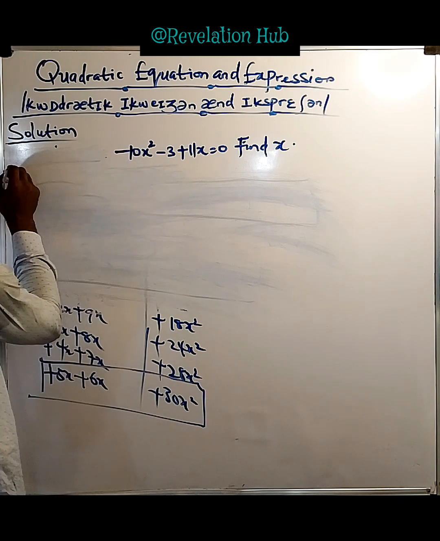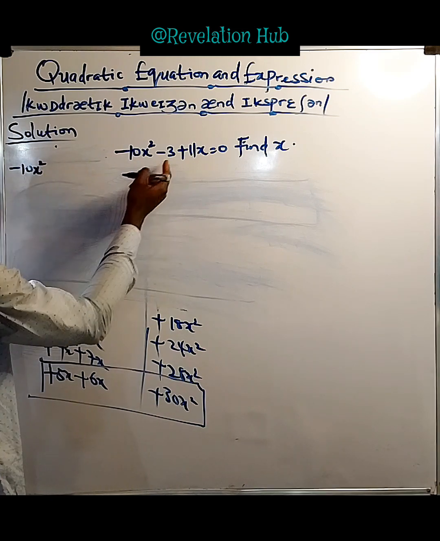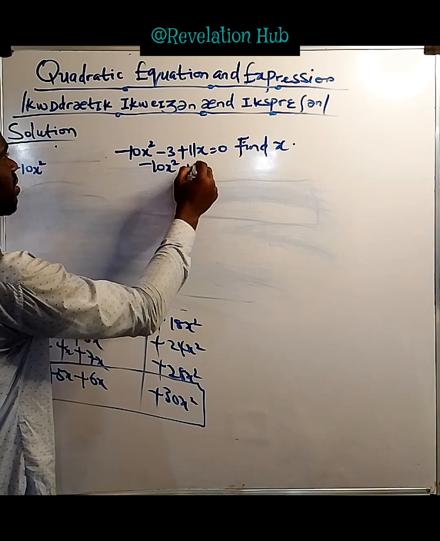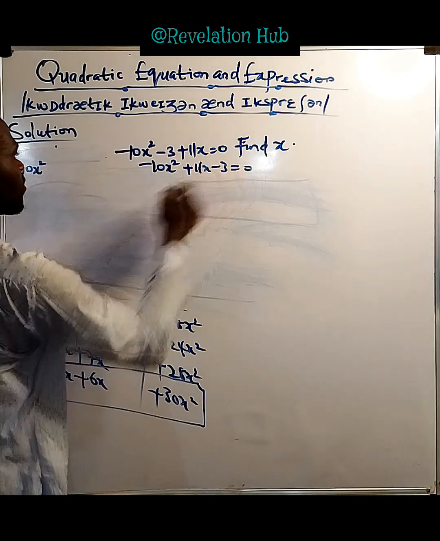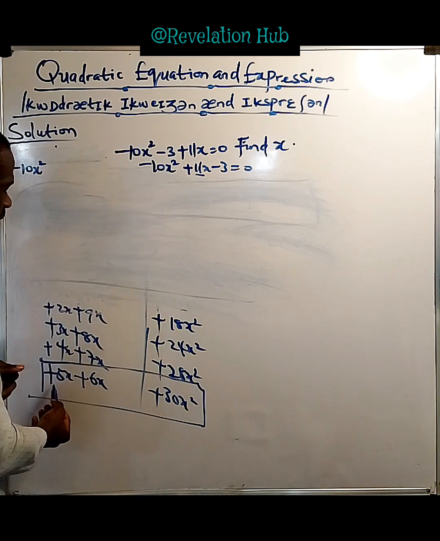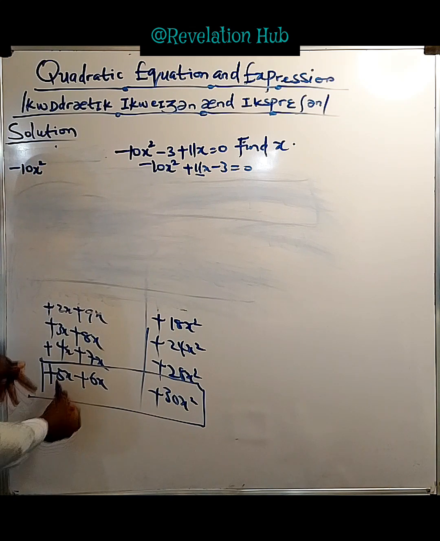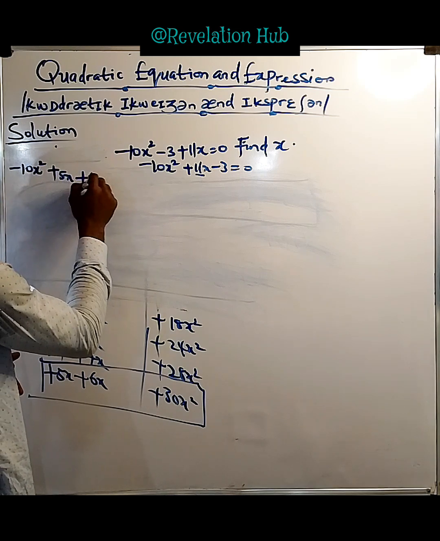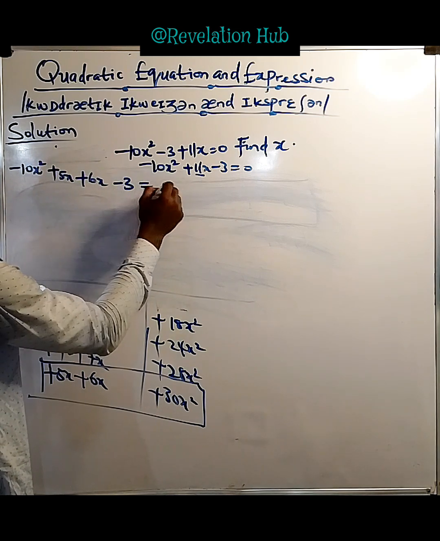Now right here, minus 10x squared. And don't forget, we already rearranged: minus 10x squared plus 11x minus 3 equal to 0. So minus 10x squared. Now instead of writing plus 11x, we're going to end up writing plus 5x plus 6x, which are the factors. Plus 5x plus 6x minus 3 equals to 0.